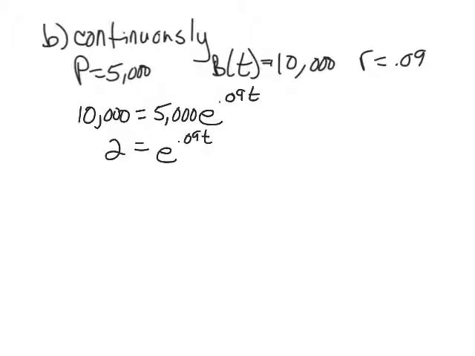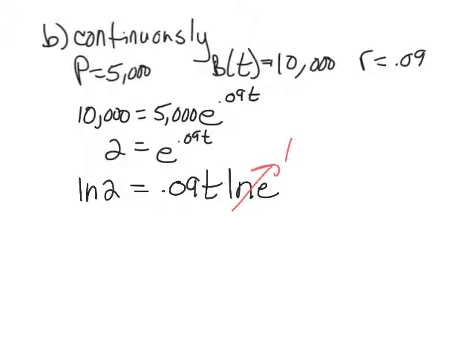This time, to solve it, I'm going to take the natural log of both sides because that's going to get rid of the e. So the natural log of 2 is equal to, if I bring the exponent down, times the natural log of e, but the natural log of e is 1, so it goes away. And I have the natural log of 2 is equal to 0.09t. I get a much simpler expression.